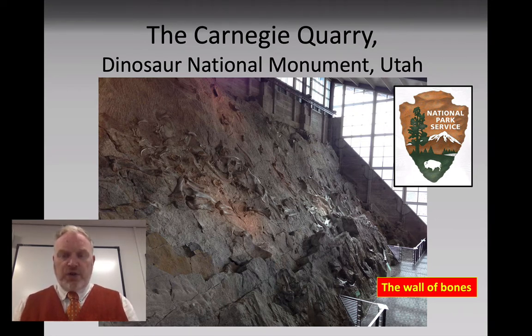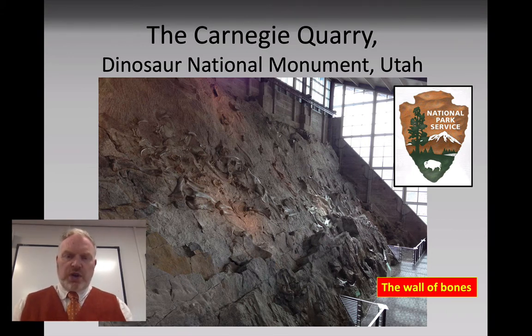You can see in the photograph here how the US National Park Service have actually erected a building around this to preserve these fossils and also to allow people to go and visit and to see just the wealth of fossil material that's available in this one very specific location.